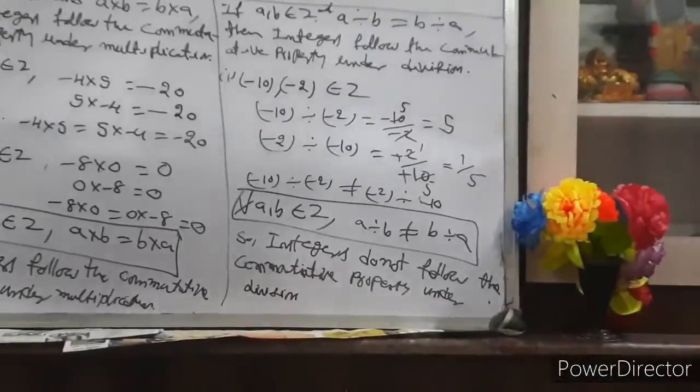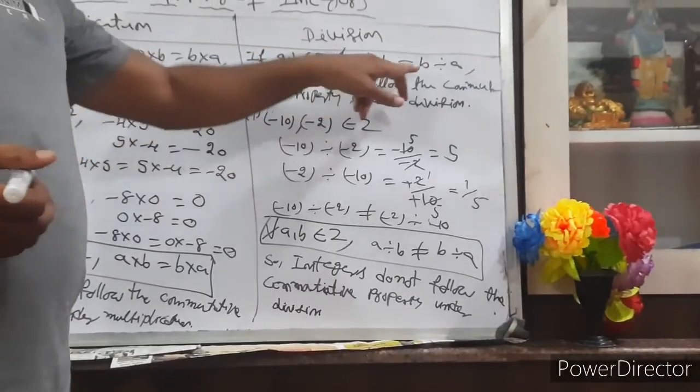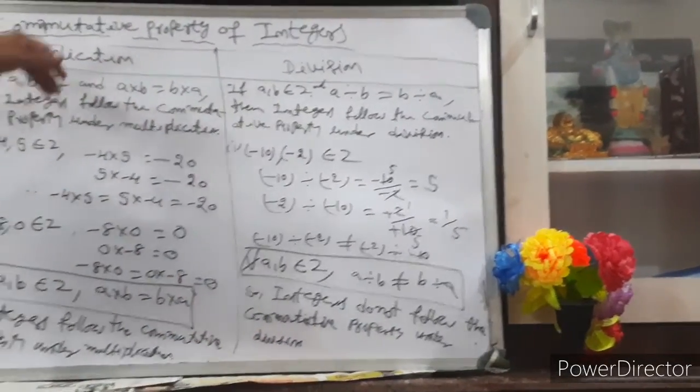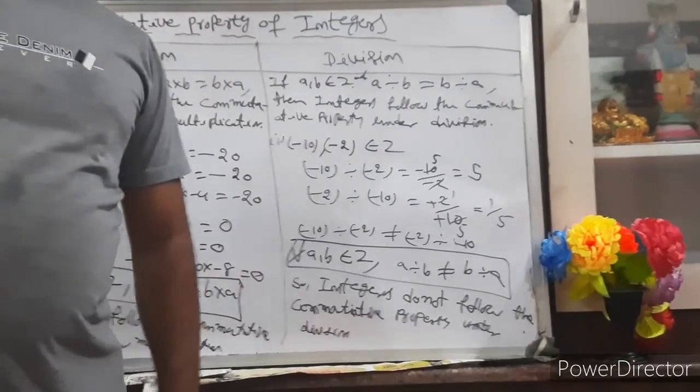Because here A divided by B is not equal to B divided by A. So these are the commutative properties under integers. Okay.